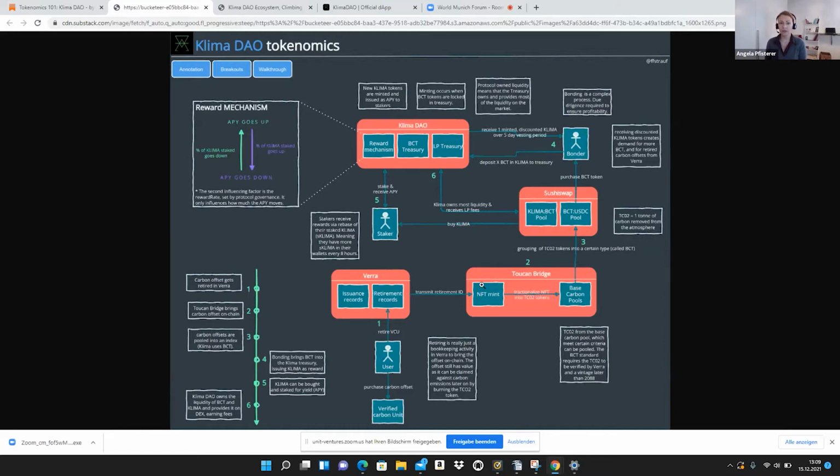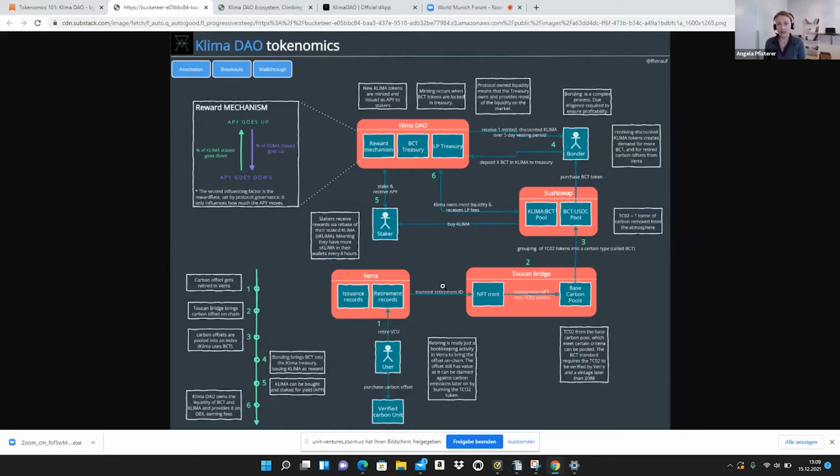In the end, what happens with the Toucan pool? We have a real world that is our world. We have projects here that give potential carbon offsets because they, for example, remove carbon out of the atmosphere, or support a technology to produce something with less carbon emission.